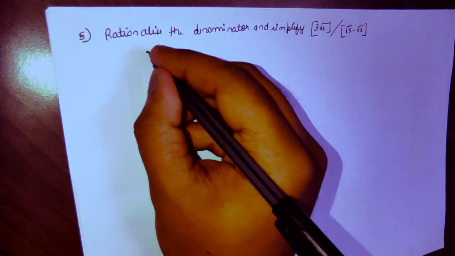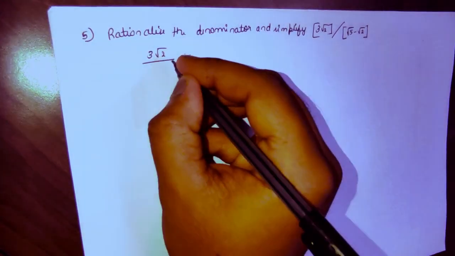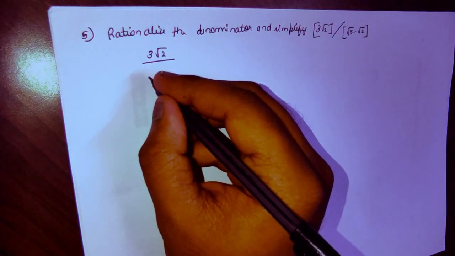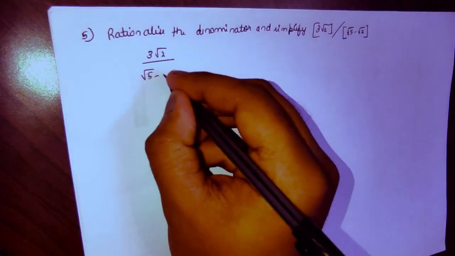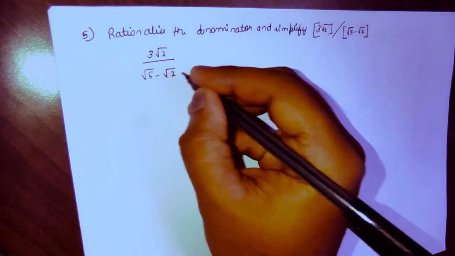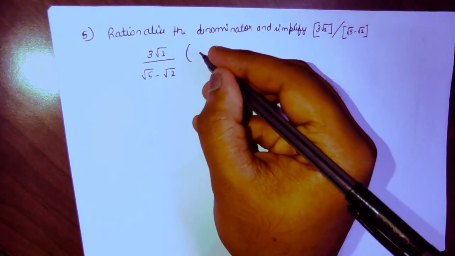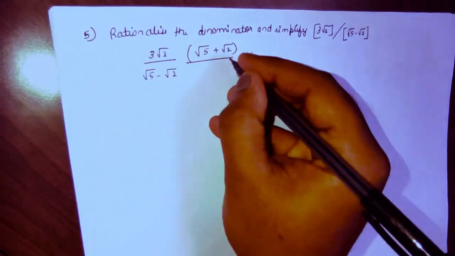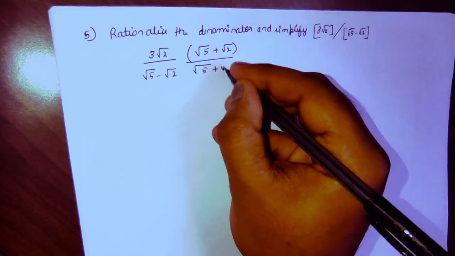To rationalize this, you have to multiply by the rationalization factor of the denominator root 5 minus root 2. We will multiply both the numerator and denominator by root 5 plus root 2.